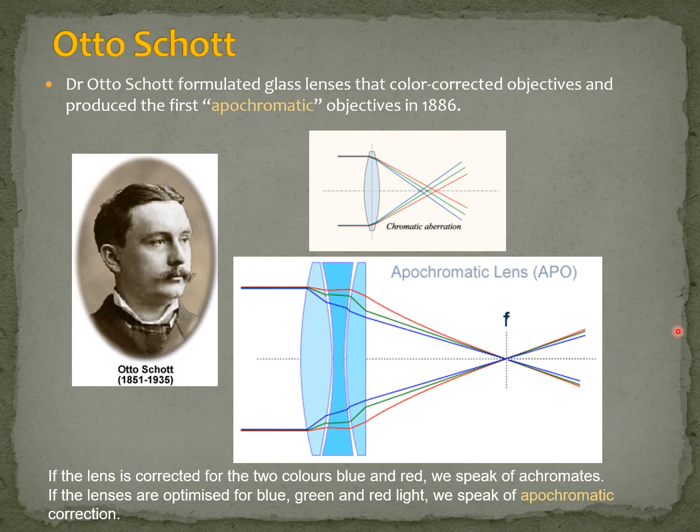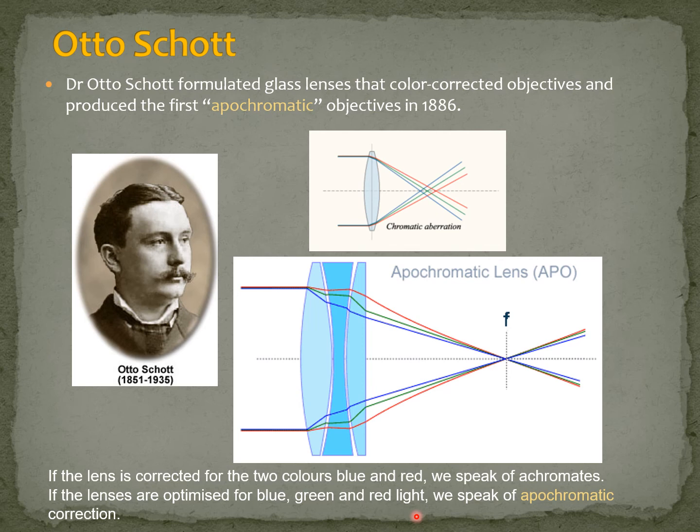So I told you before, we already had the description of the chromatic lenses that corrected the blue and red. But then Abbe was the first one to describe lenses that are optimized to correct blue, green, and red lights.